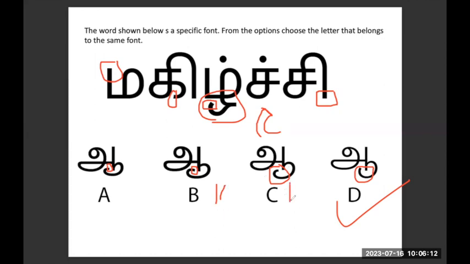Option C has a vertical angle. Option A again has a vertical angle. Option D is the only case where you get a curve which is ending like this. And that's why D is the correct one.